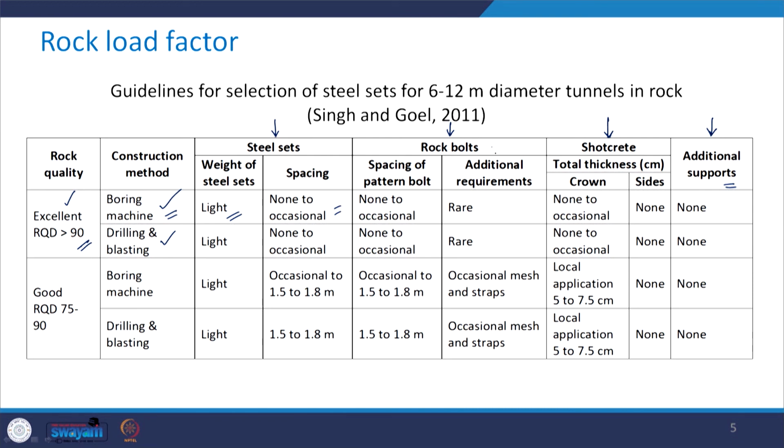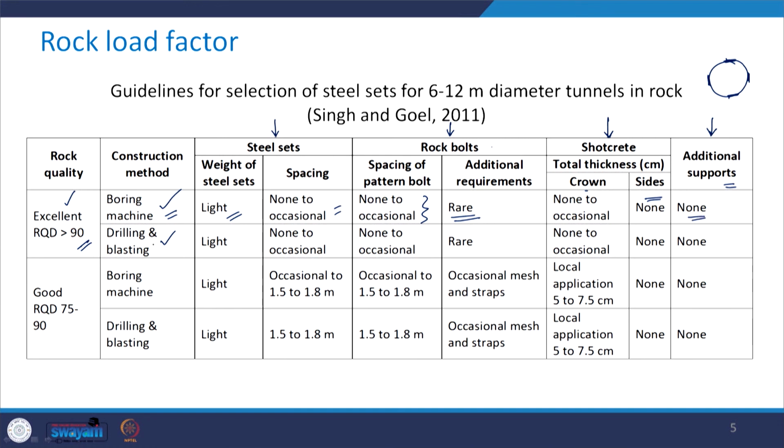If it is rock bolts, the spacing of the pattern bolt is none to occasional and the additional requirement is rare. In case of shotcrete, again in the crown portion of the tunnel, that is the top, and the bottom one is the invert, and these are the sides. In the sides no shotcreting is needed and there is no need for additional support.